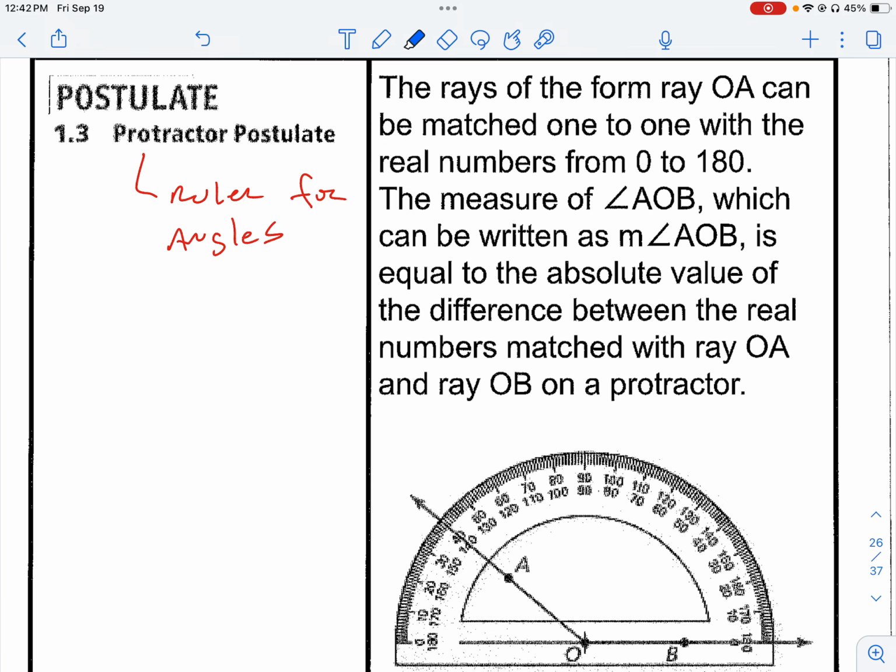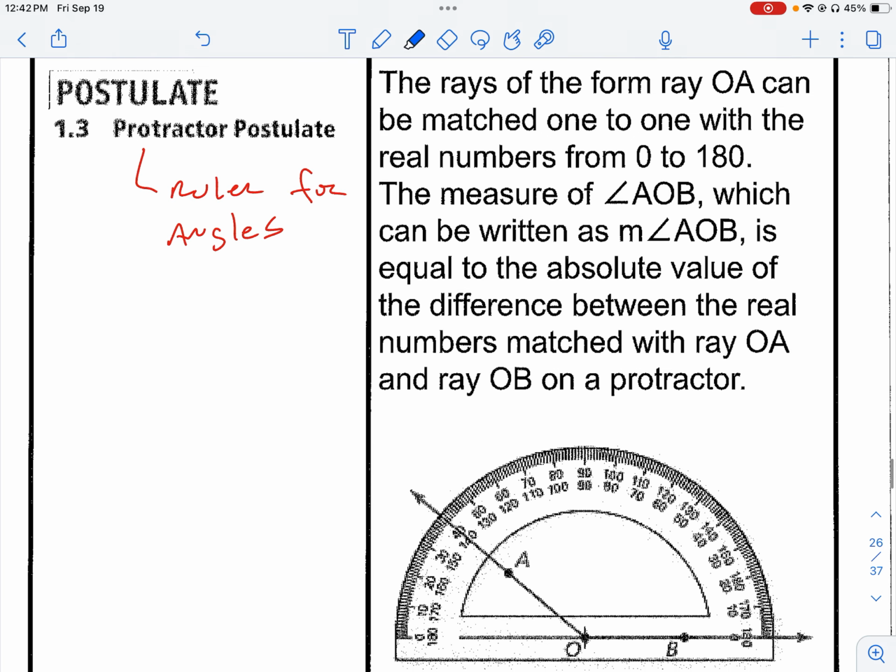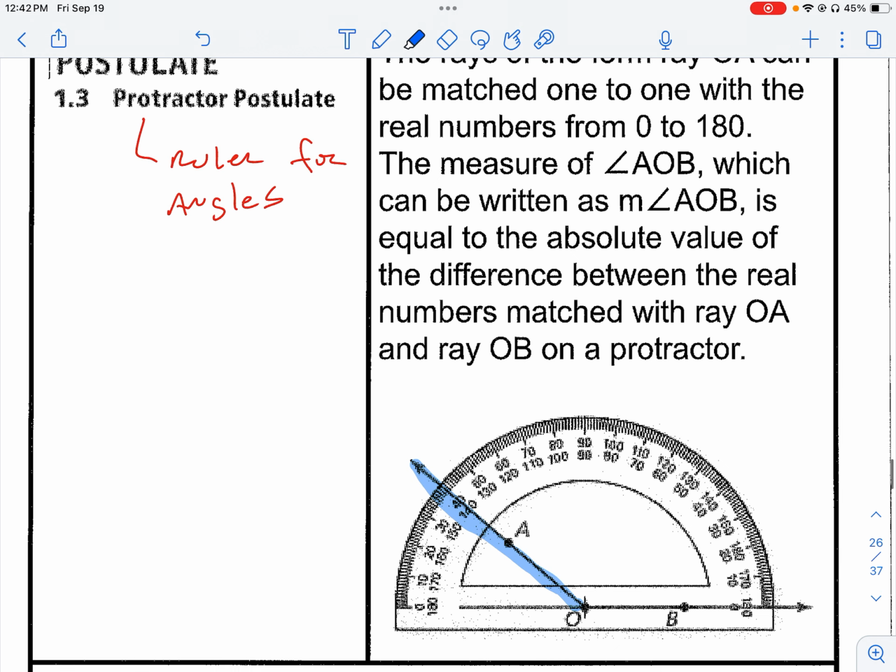The rays of the form ray OA, which is here, can be matched one to one with real numbers from 0 to 180. So we are only going to look at angles from 0 to 180 degrees.